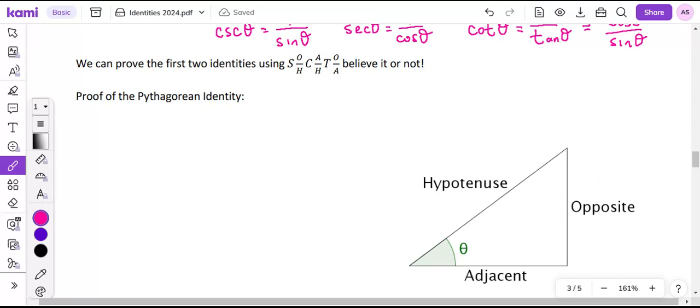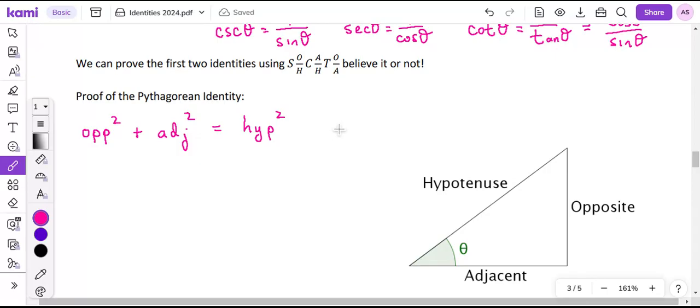But I've got hypotenuse, opposite, adjacent labeled on there. I hope you guys would agree that because it's a right angle triangle, if you take the opposite side squared, I'll just use OPP, plus the adjacent side squared, that would be equal to the hypotenuse squared. Would you guys agree?